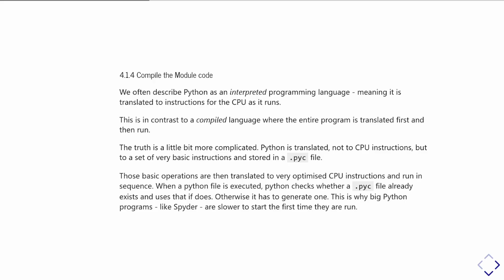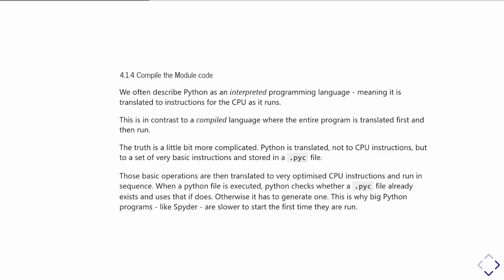So when a Python file is executed, Python first checks whether a PYC file already exists, and if it does, it just uses that. Otherwise, it has to generate the PYC file. That's why big Python programs, like Spyder or JupyterLab, tend to be a bit slow the very first time they're run, because as they're running, they're converting all their instructions into PYC files.